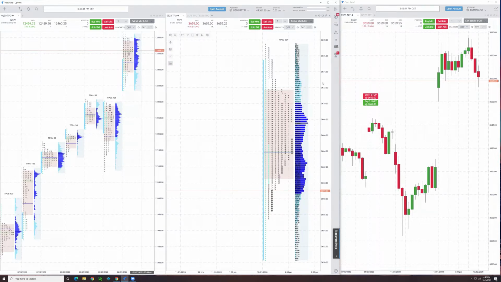Well, that would tell me there's a lot of stuck longs. There's a lot of volume that traded near the high, and there's a good chance those guys are stuck long because price would be significantly lower. Now I'll get into more of that next time, but that's one way you can utilize this type of information.